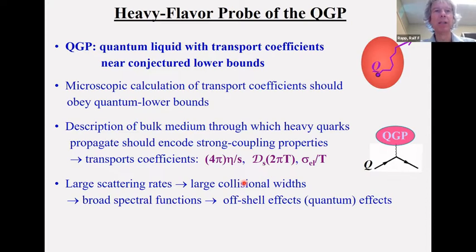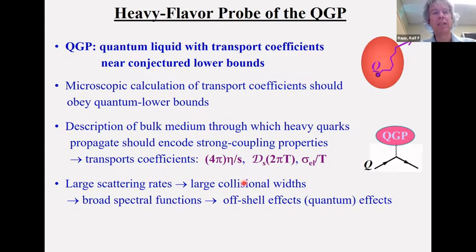At the same time, since we're embedding the heavy quarks into the QGP when we're doing that transport, ideally we would also have a microscopic description of the bulk medium through which the heavy quarks propagate that encodes those strong coupling properties, in particular in terms of whatever the degrees of freedom are of the hot and dense QCD matter.